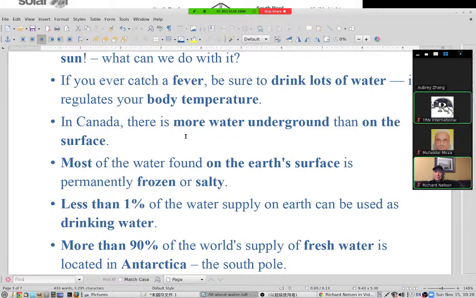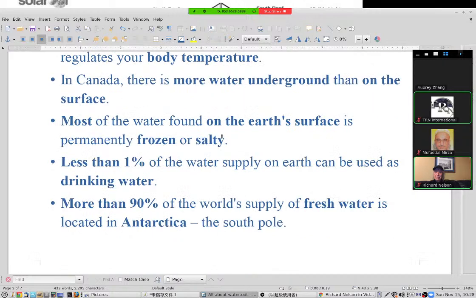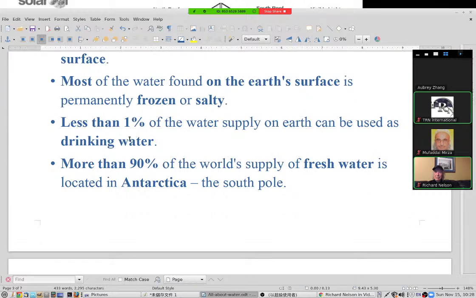In Canada, there's more water underground than on the surface. Most of the water found on the Earth's surface is permanently frozen or salty. So that means less than 1% of the water supply on Earth can be used as drinking water. 1%.